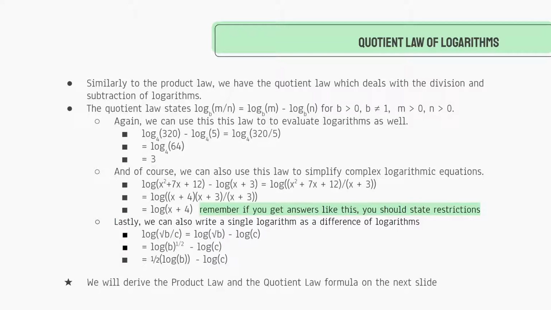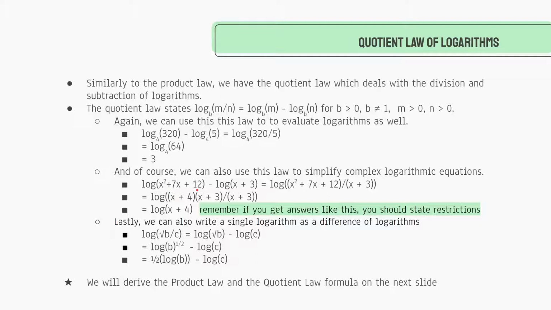Again, we can also use the quotient law to simplify complex logarithmic expressions like we did before. Here, we're given this expression. If we have two things minus each other, it's the same as dividing them under a common logarithm.